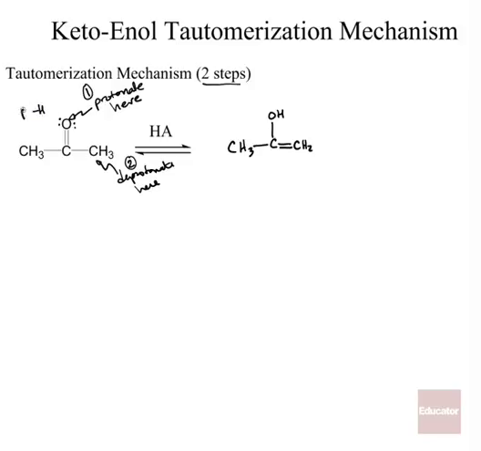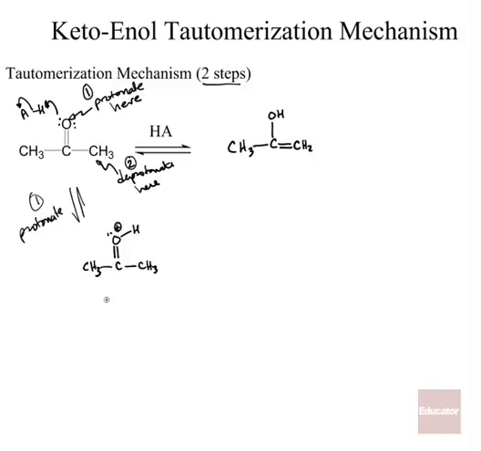Step one will be protonate the carbonyl oxygen. That's going to give an oxygen with 3 bonds and a lone pair. That's a positively charged oxygen.